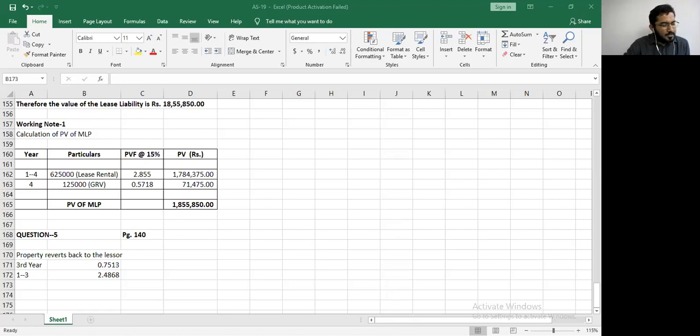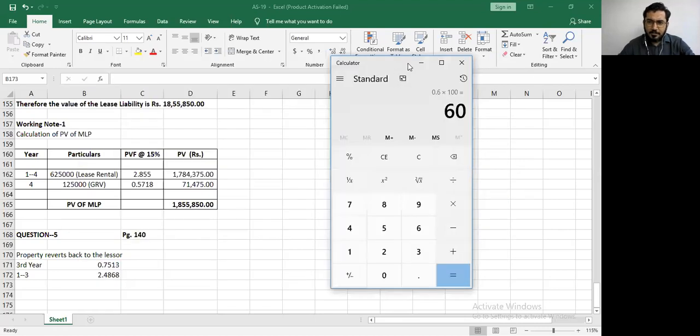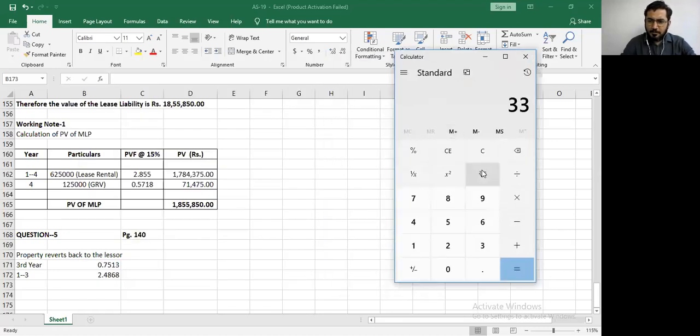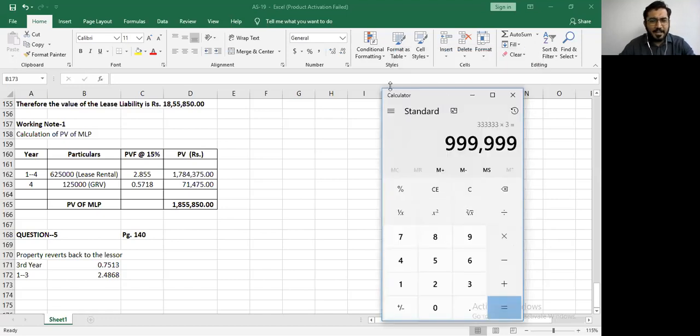Fair value. Okay. Can I also say that the cost of the asset is 10 lakhs? Yes, since the cost is 10 lakhs. If you take 333,333 on your calculator and multiply it by 3, you will come back to 9,99,999, which is tentatively 10 lakh rupees.